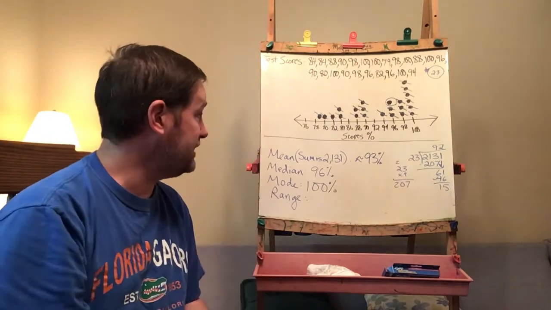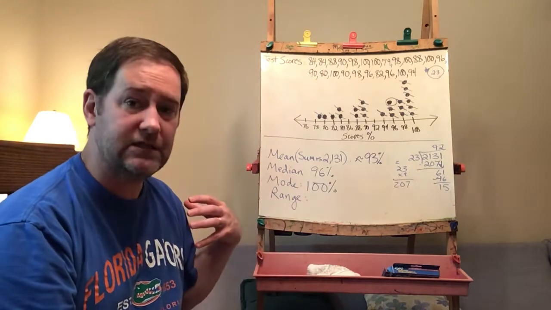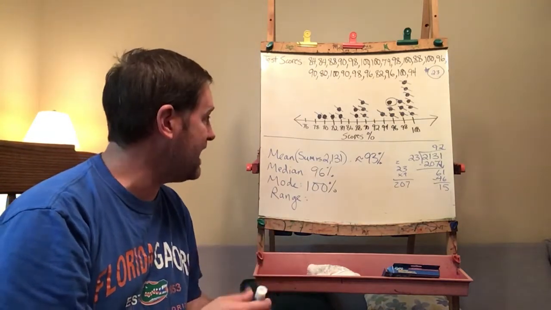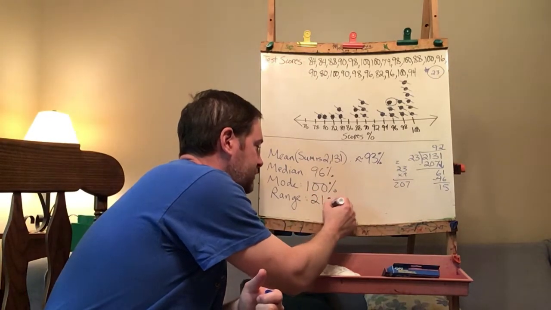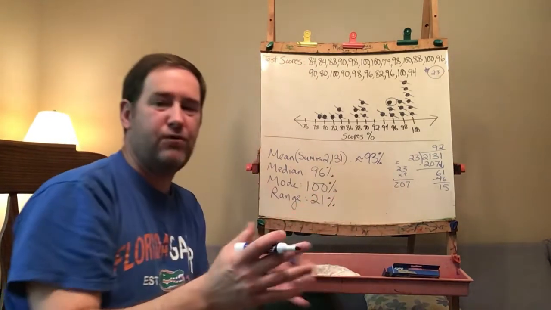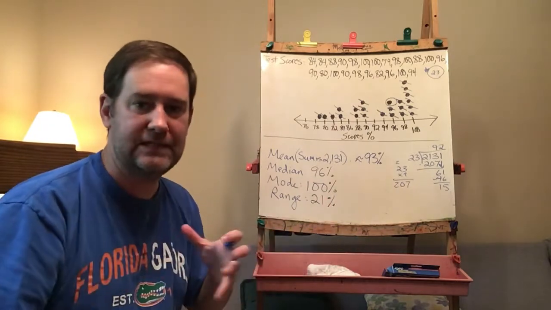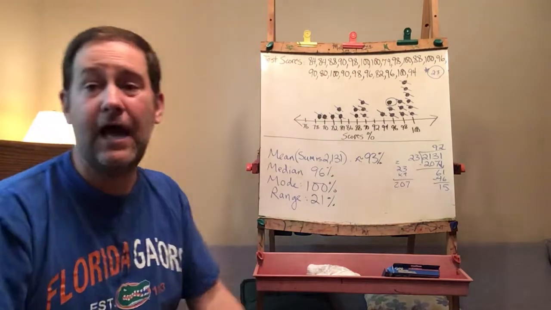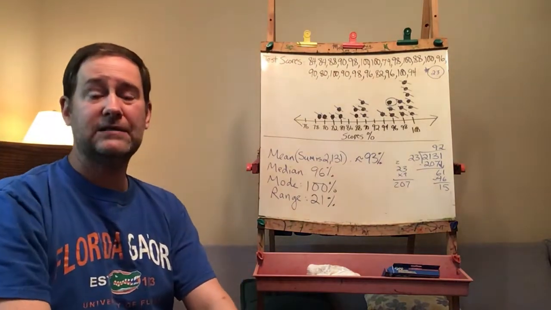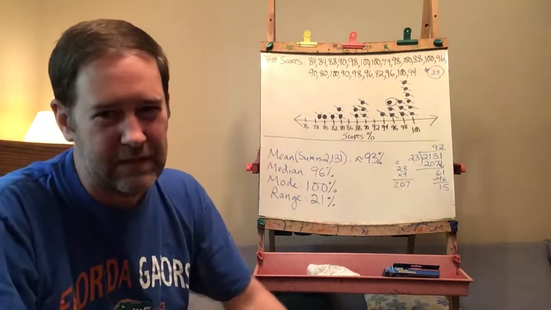Okay, the range, last one here. Just take the greatest, 100, subtract it from 79. Not going to show you that work because I think you're all good at that. That is a 21% range, spread of data. So it's a 21% difference between the greatest and the least scores. So this is a dot plot, also sometimes known as a line plot, which you'll hear me say more.